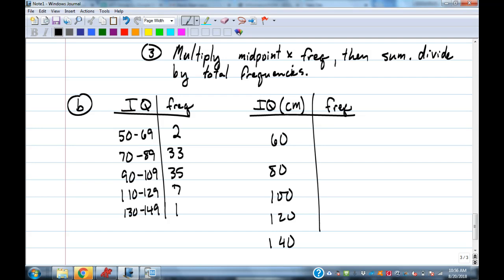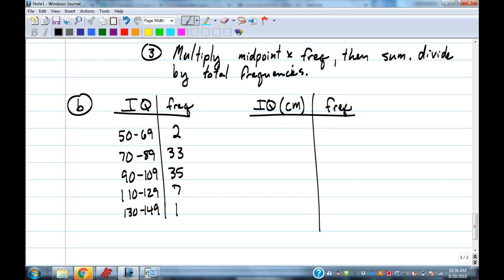Okay, so do we want rounded or not? Is this a calculated value? Yeah, we don't want a rounded value out of that. What are our class boundaries? 49.5 to 69.5, but not including 69.5, right?